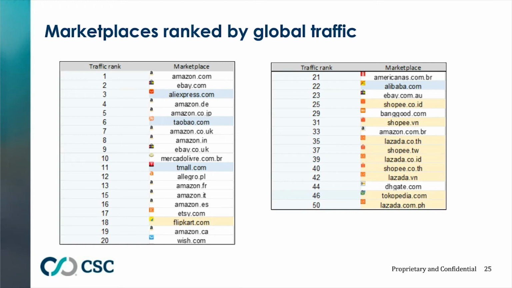The other thing that we often recommend is to look at which marketplaces have the highest visitor traffic, because that's where you'll find a lot of your consumers going. It's no surprise that it's sites like Amazon, eBay, AliExpress, Taobao, etc. So these should also be a priority consideration.